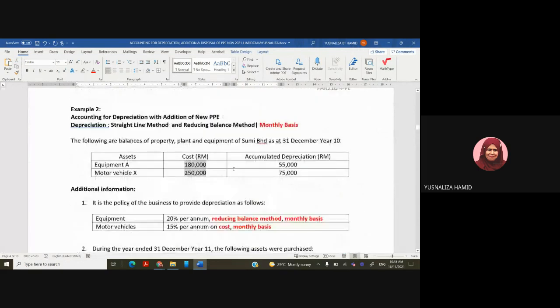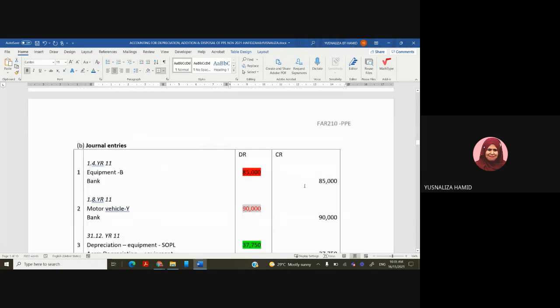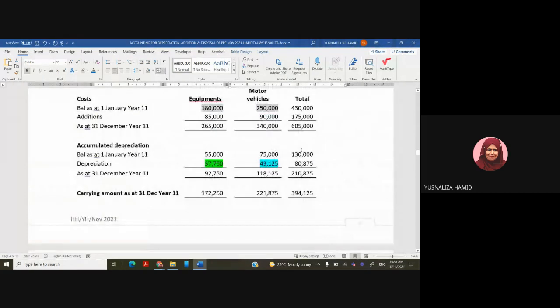Then go and put the accumulated depreciation. So the accumulated depreciation is, I use blue, a different color. And you can see that that is here. So put the balance because that is the one from 31st of December, year 10. So it is actually the one as at January, year 11.